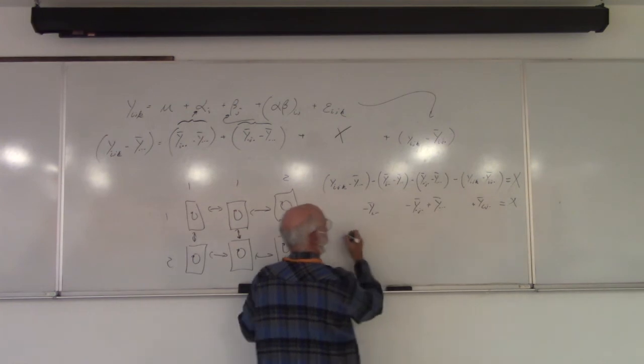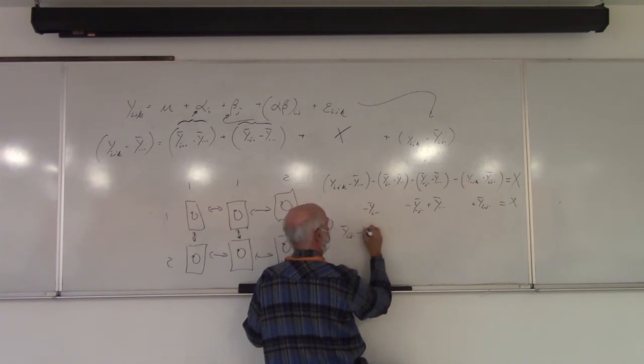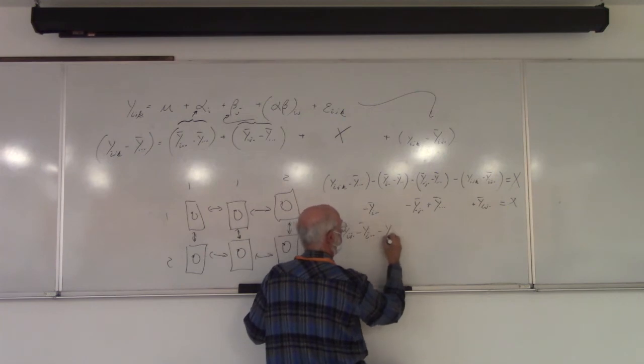All right, so now I've got ȳij. minus ȳi.. minus ȳ.j.